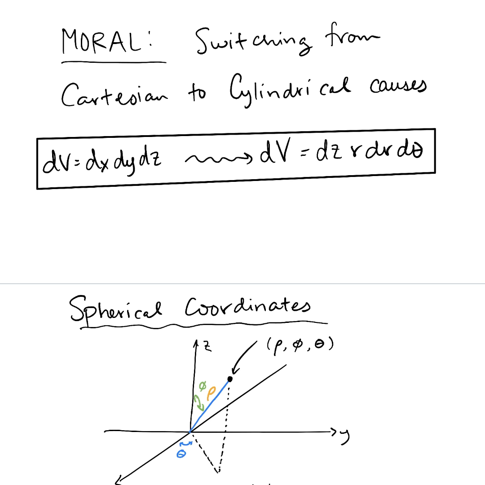That black dot is uniquely described by saying how far it is from the origin. That's that orange Greek letter rho. By saying how far tipped down from the positive z-axis it is. That's that angle, Greek letter phi in green. And by saying how far swung around its shadow down here in the xy plane is from the positive x-axis. And that's our good old variable theta.